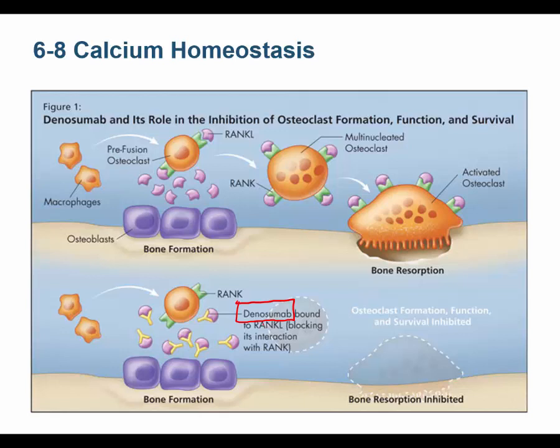Well, we can give you a medicine called denosumab, and that can act like OPG. And it can bind RANK L. It can act like the decoy receptor, and it can keep you from activating osteoclasts and therefore fight osteoporosis. That's what it can do. So we have a drug that fights osteoporosis by acting like OPG.